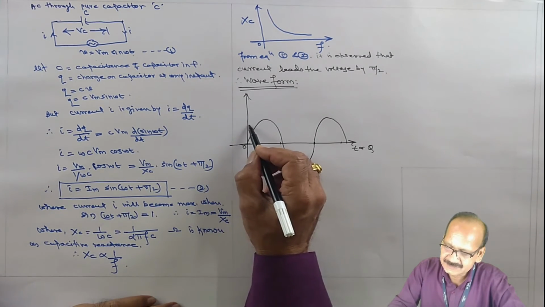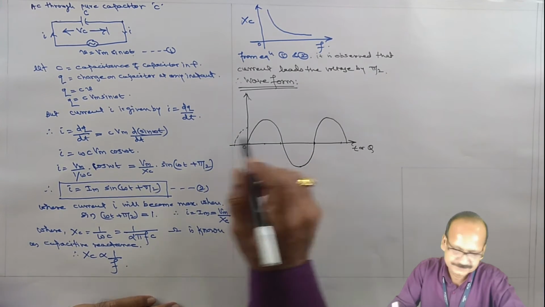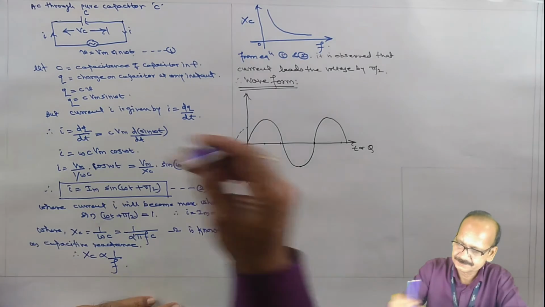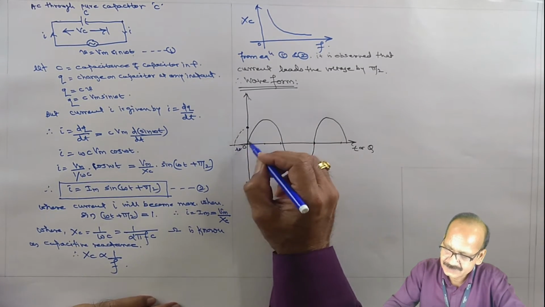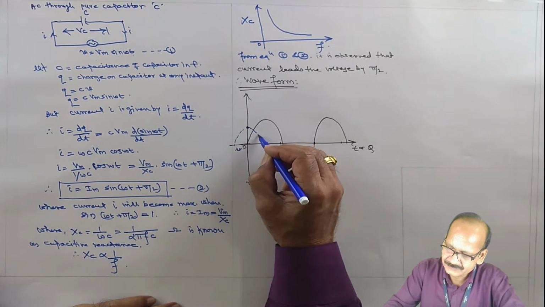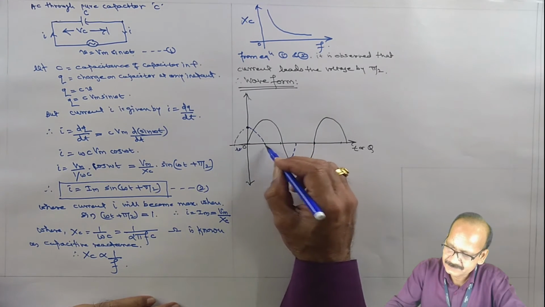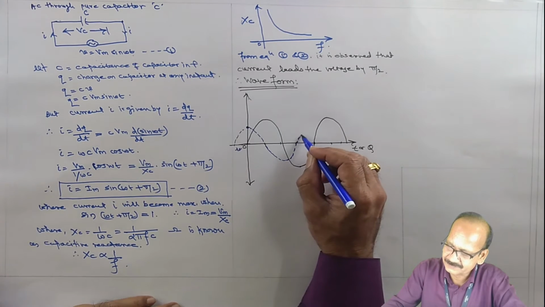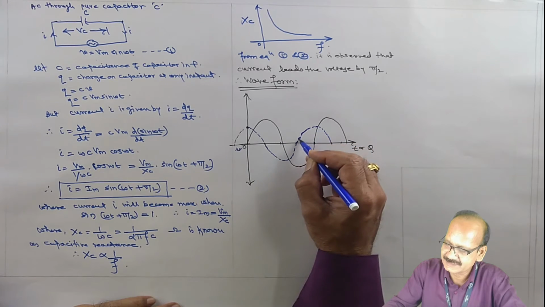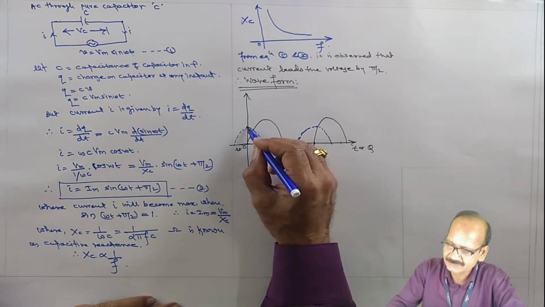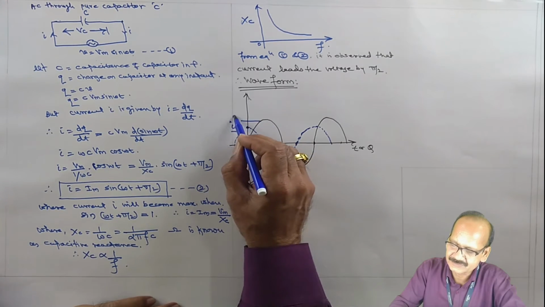That means it will start somewhere from here on this side. So this is the current waveform. We have assumed the magnitude of current is a little bit less than the voltage.